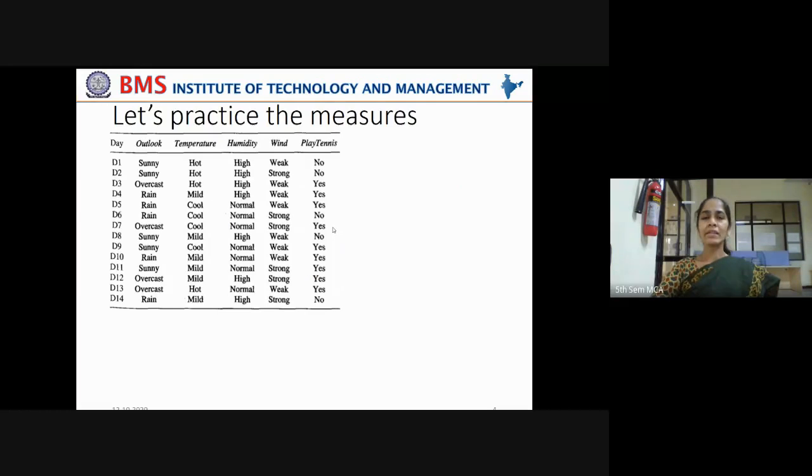Now we have practiced how to calculate the measures of entropy and information gain, right? Now, from the knowledge you have gained in your last session, can you tell me whether entropy is directly related to information gain or inversely related?